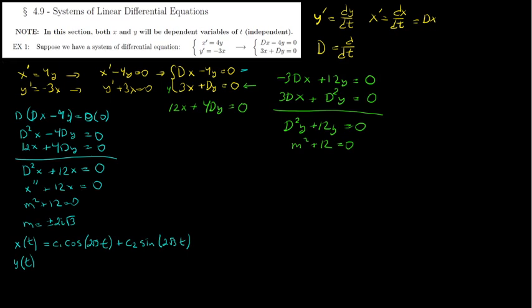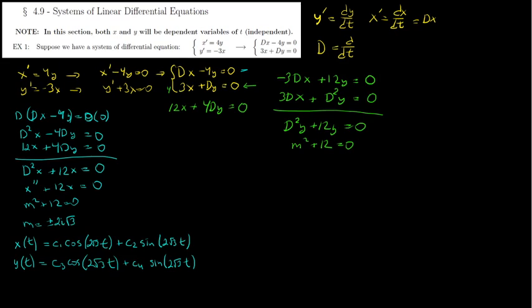I'll go back to blue here. So y of t is just going to be, well, we already used c1 and c2, so you might think it's going to be c3 cosine of 2 square root of 3 times t plus c4 times sine of 2 square root of 3 times t.